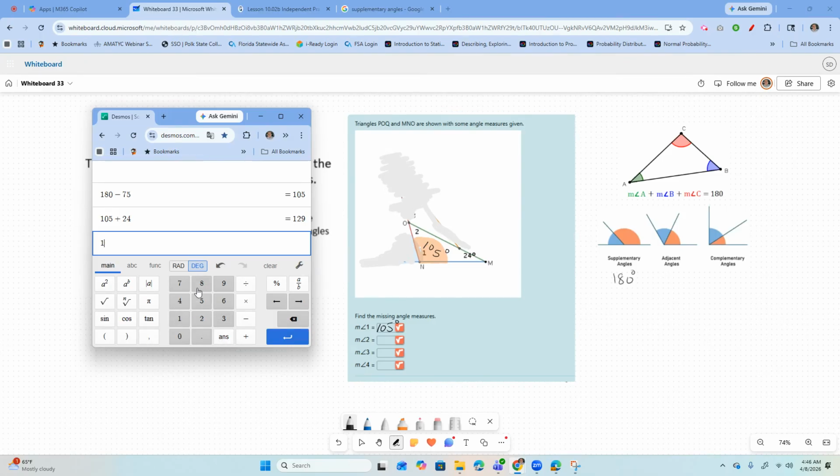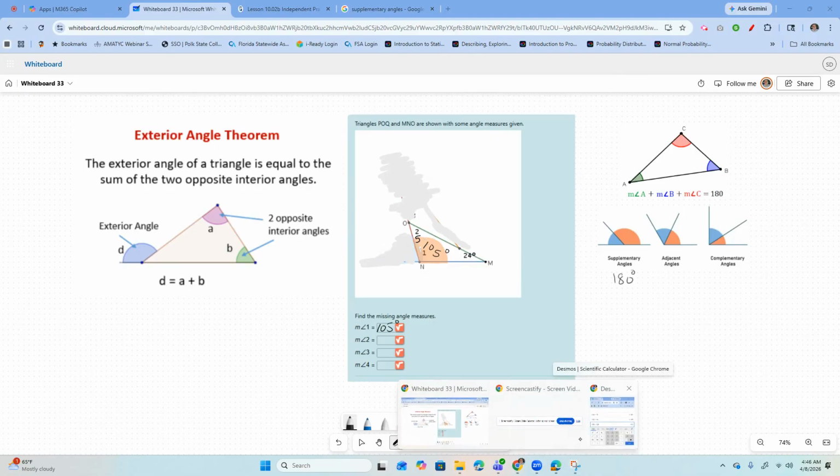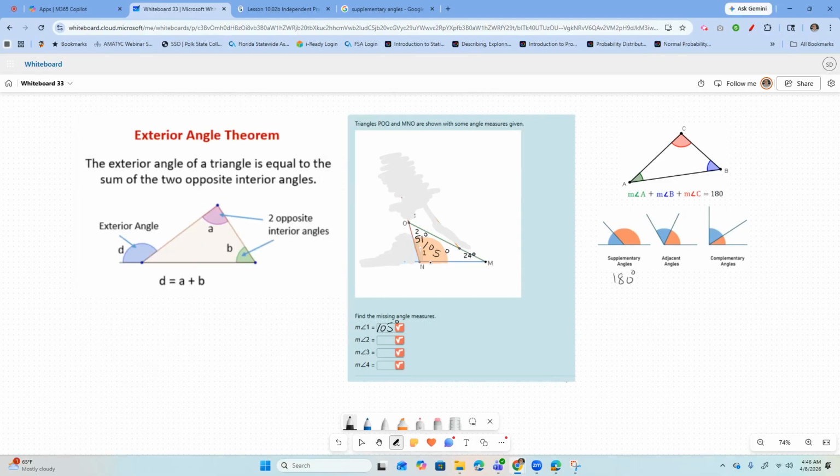So when you do 180 minus what you have already, you can see this angle number 2 is going to be, I forgot, it's going to be 51 degrees. Okay. So we have angle 1, that is 105, angle 2, that is 51 degrees. And now I'm going to put back what I erased. So let me put it back there.